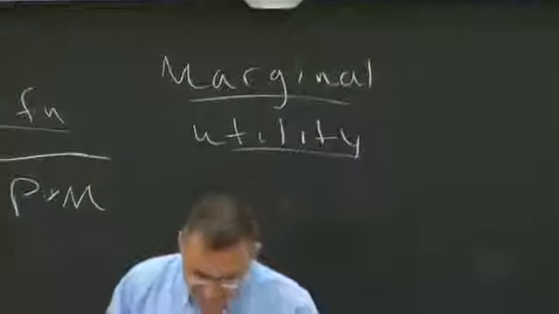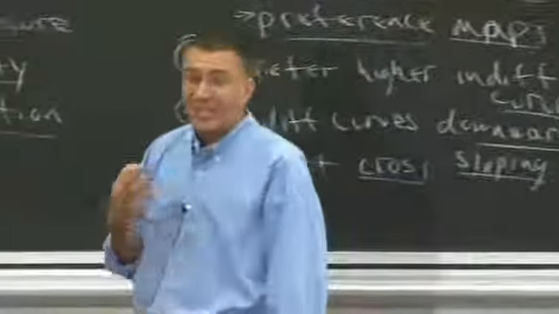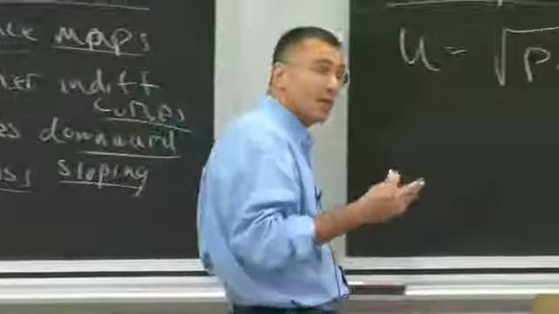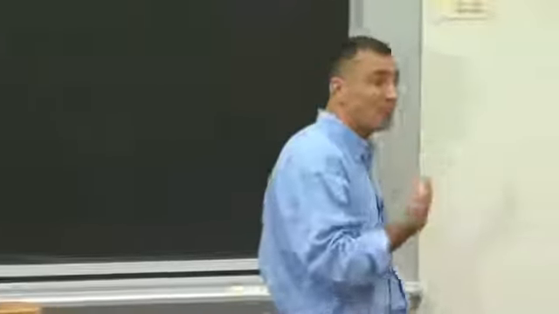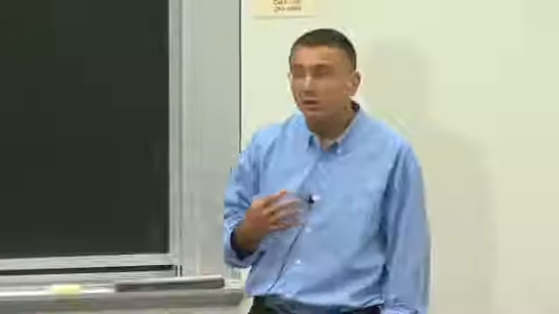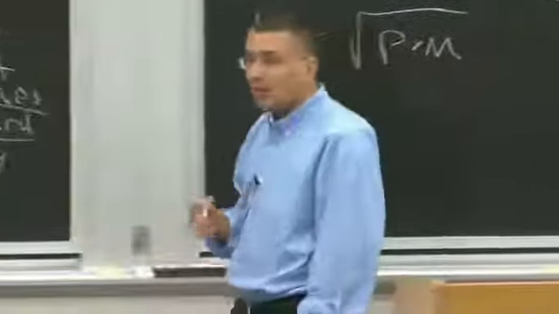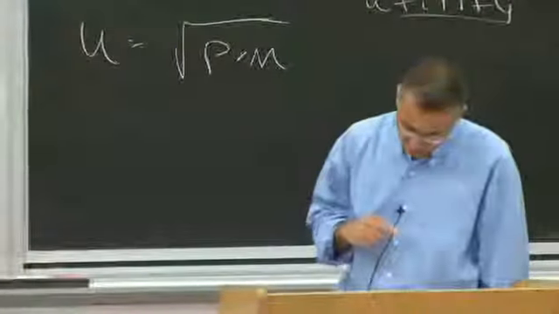Okay? That is how your utility changes with each additional unit of the good, or the derivative of your utility function. Okay, if you want to do it in calculus terms, marginal utility is the derivative of your utility function with respect to one of the inputs. But if you don't want to put it in calculus terms, it's as you add each unit of one of the elements of the utility function, how does utility change?